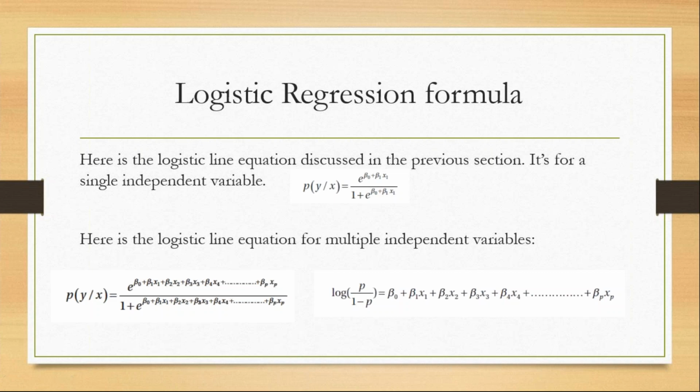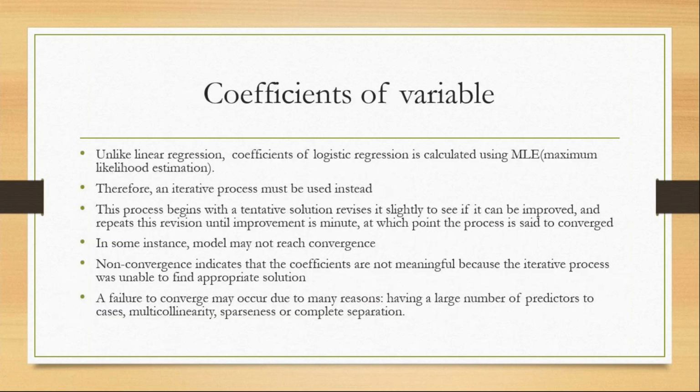So here we come up with another method to estimate the values of the coefficients, that is maximum likelihood estimation. This is very important from an interview point of view. When you go for an interview, you will be asked what method is used for linear regression, and what is the difference for logistic regression.